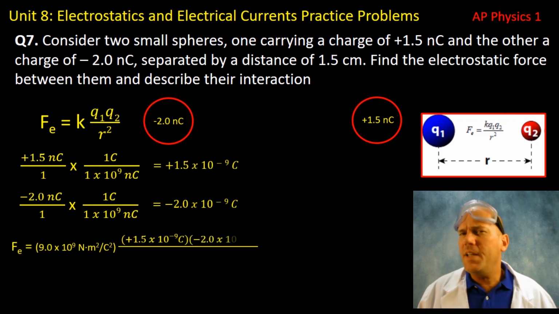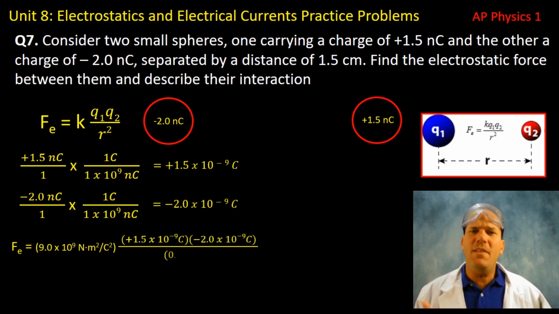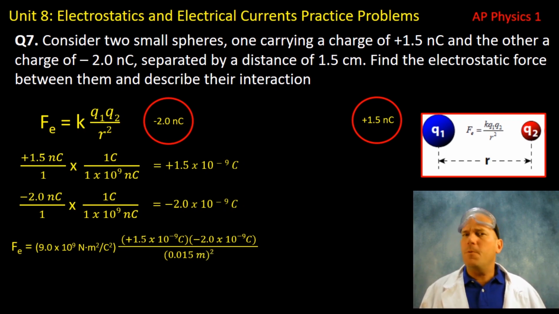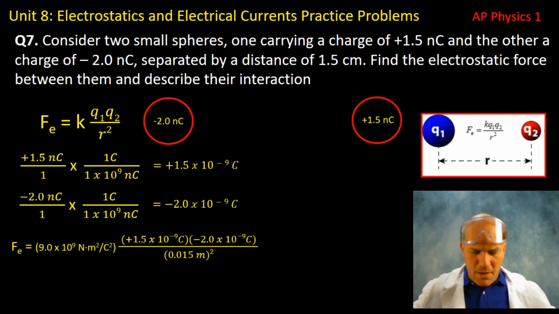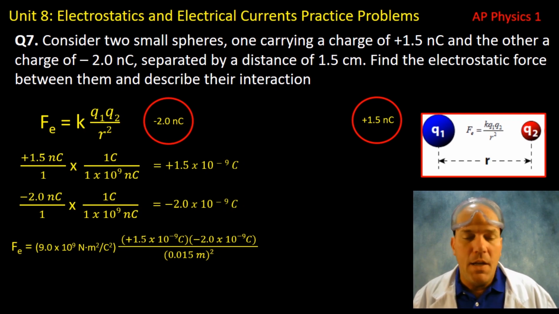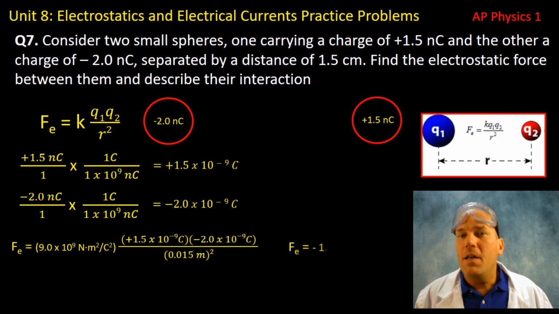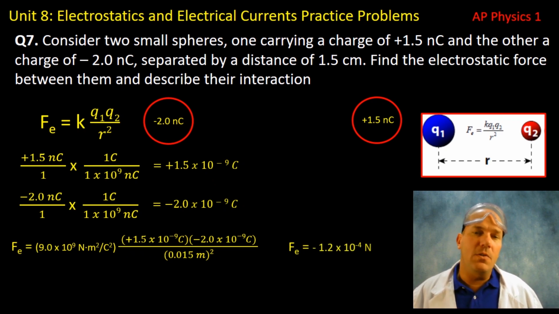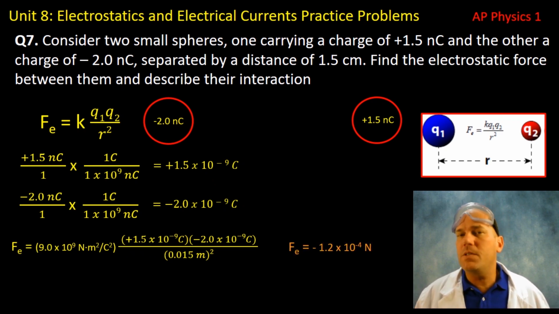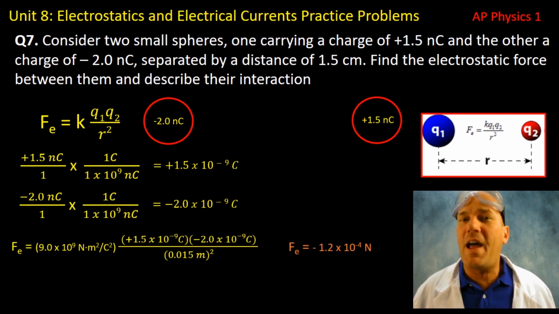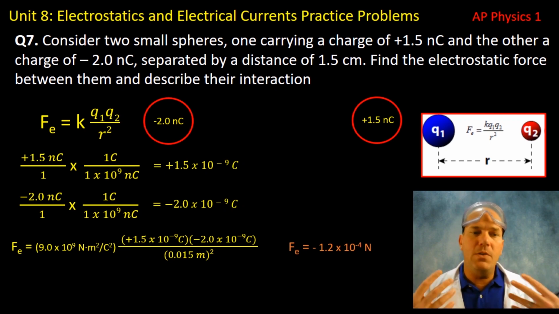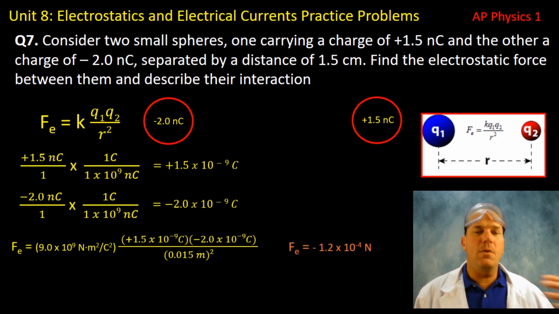Well, we're going to get a negative electrostatic force, and that is representative of an attractive force. Recall in our studies of the universal law of gravitation that the force of gravity is an attractive force, whereas Coulomb's law can be either a repulsive or attractive force.